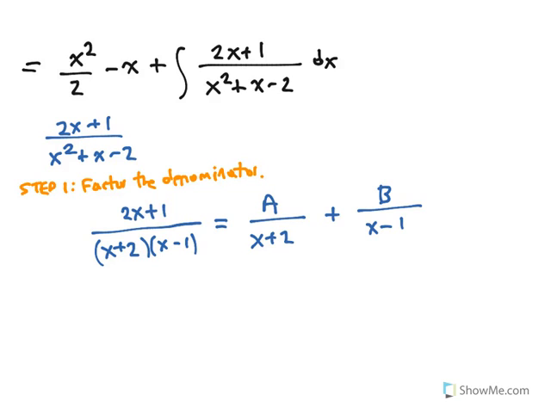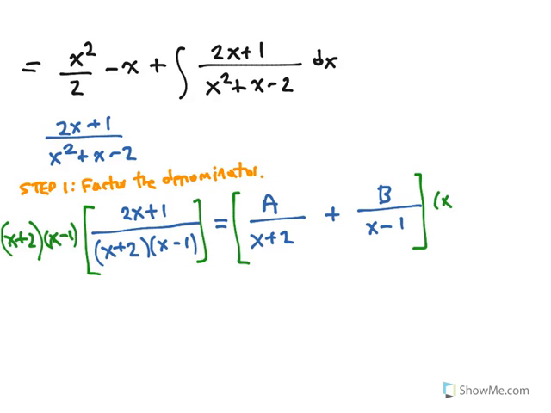The next step is to multiply both sides of this equation by the LCD, the least common denominator. And the LCD is simply how the denominator factored. It's x plus 2 times x minus 1. On the left side of the equation, the LCD will cancel with the denominator, giving us 2x plus 1.